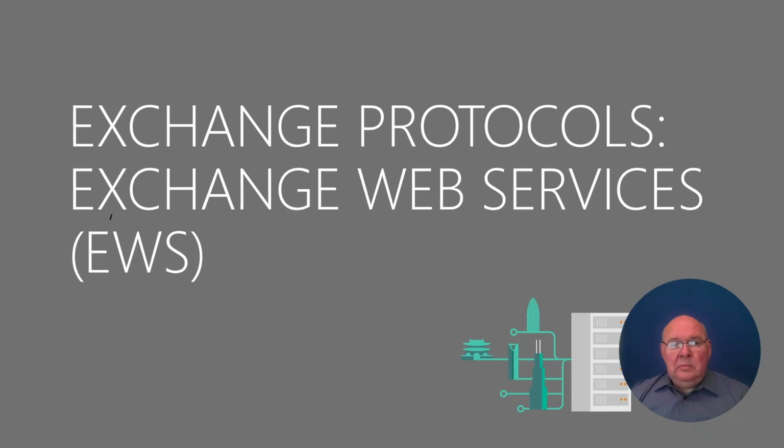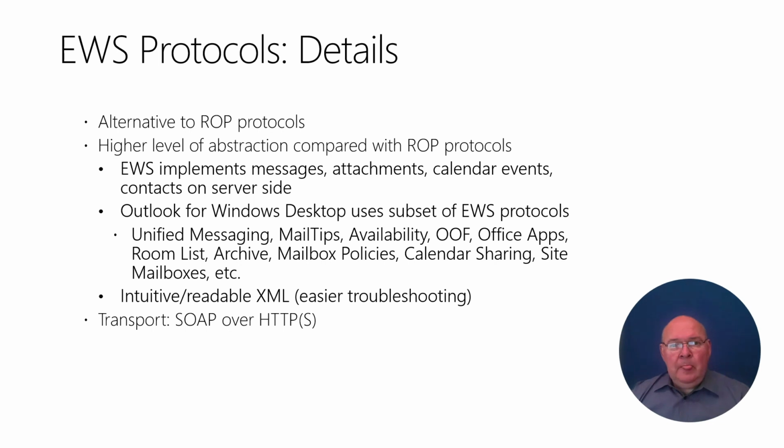Exchange Web Services. Web Services is an alternative to ROP protocols, providing a much higher level of abstraction compared with ROP protocols, and EWS implements messages, attachments, calendar events, contacts on the server side.